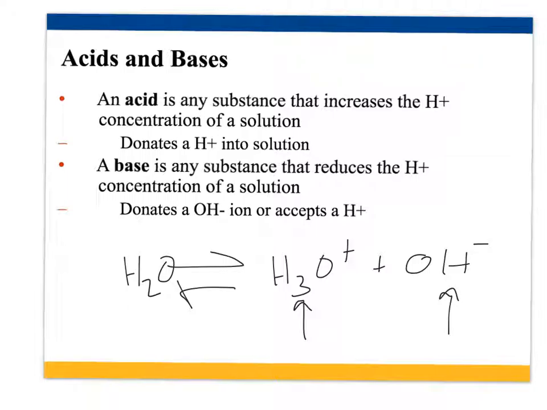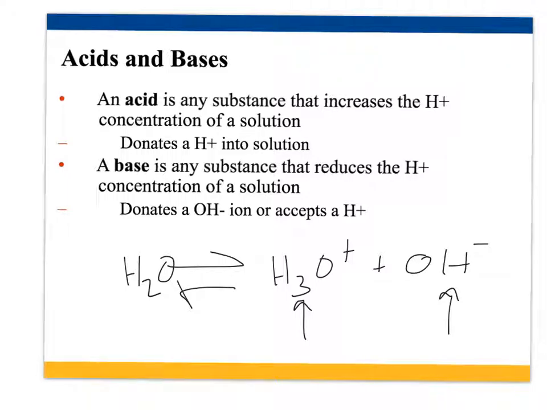If you're just looking at this equation, just water, nothing else added, are there more protons or hydrogen ions than hydroxide ions? Answer is there shouldn't be, right? They should be equal. Yes? Okay. That's why you end up with water being a neutral pH.